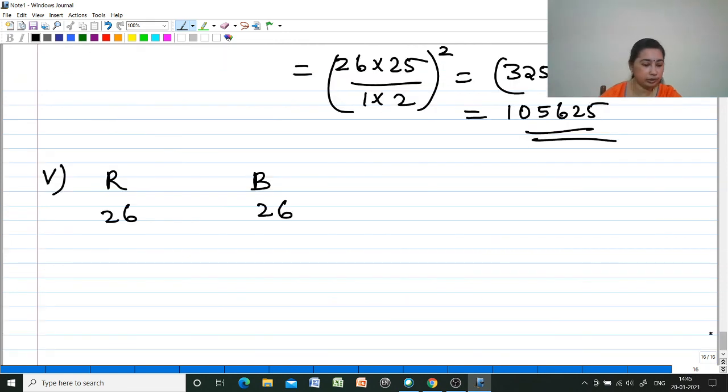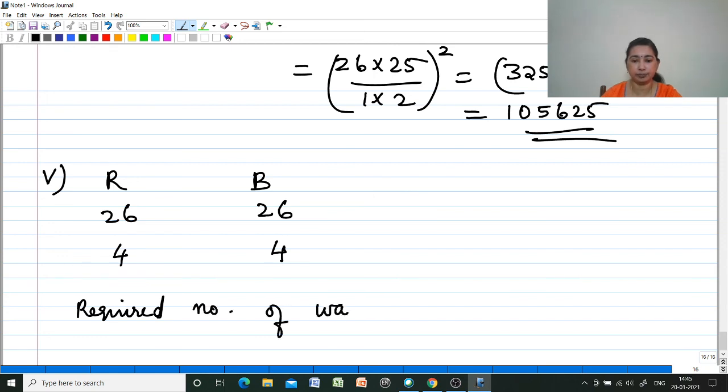Either all the 4 we have to take from red, or we have to take all the 4 from black. So what are the required number of ways? How many different ways can we select all the 4 from red?